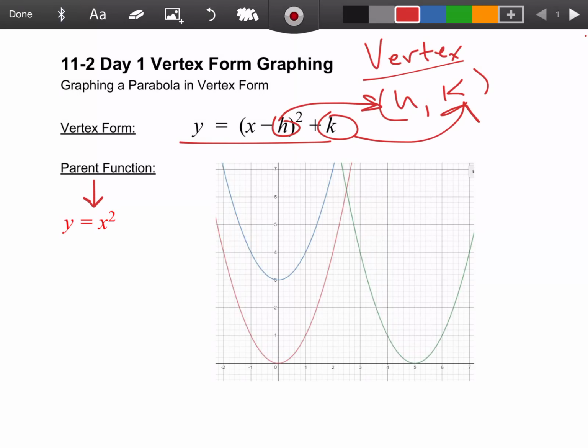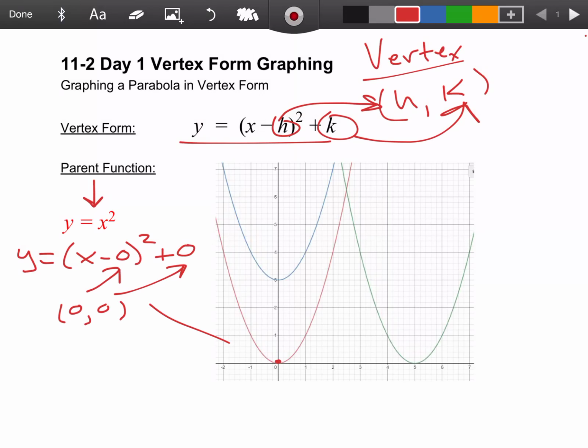But to write it in vertex form, I know it's a little silly, but we're going to say y equals x minus 0 squared plus 0, because this gives us our vertex of (0, 0). So you can tell that the vertex is here. That's how we know that this is the graph of the parent function starting at the origin.